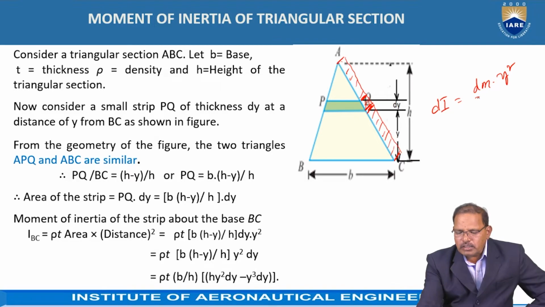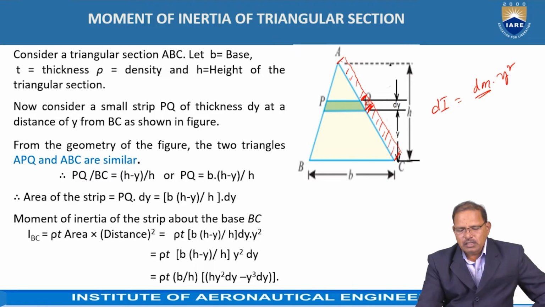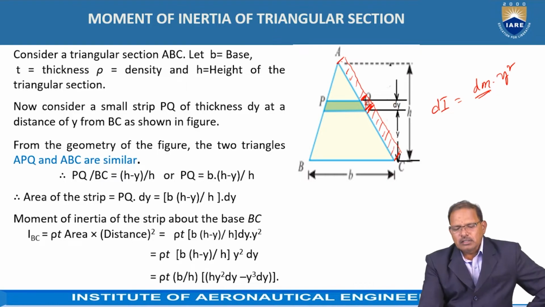So in order to determine the dm value of this small strip PQ, we have to consider the fundamentals of the similar triangle principle. Here the triangles ABC and APQ are both similar. When they are similar, the ratio of lengths of corresponding sides should be equal.